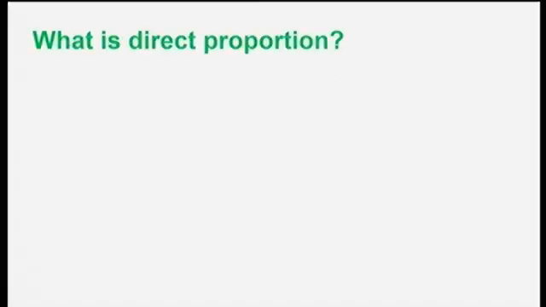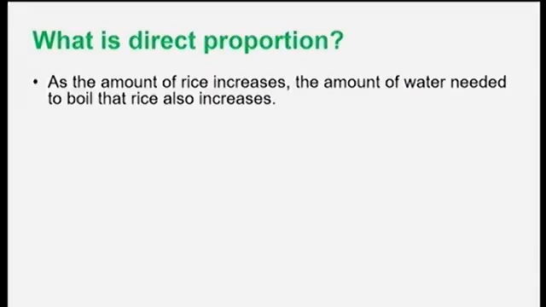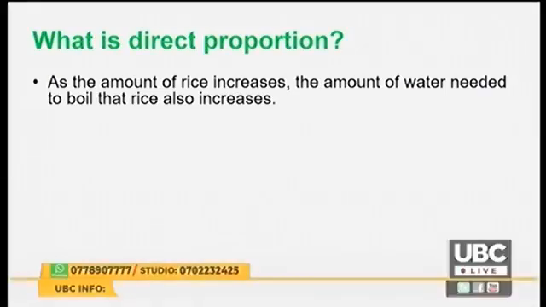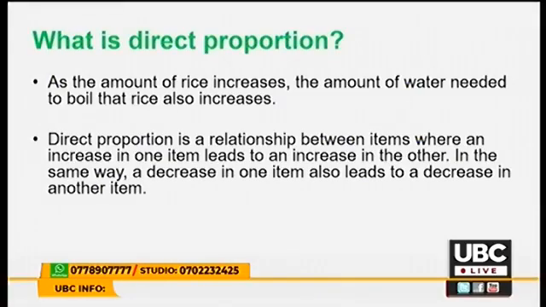Okay, now let's move on. What is direct proportion? Remember, somebody added words indirectly proportional. Now we have noted that as the amount of rice increases, the amount of water needed to boil the rice also increases. This we have seen. So direct proportion is a relationship between items where an increase in one item leads to an increase in the other.